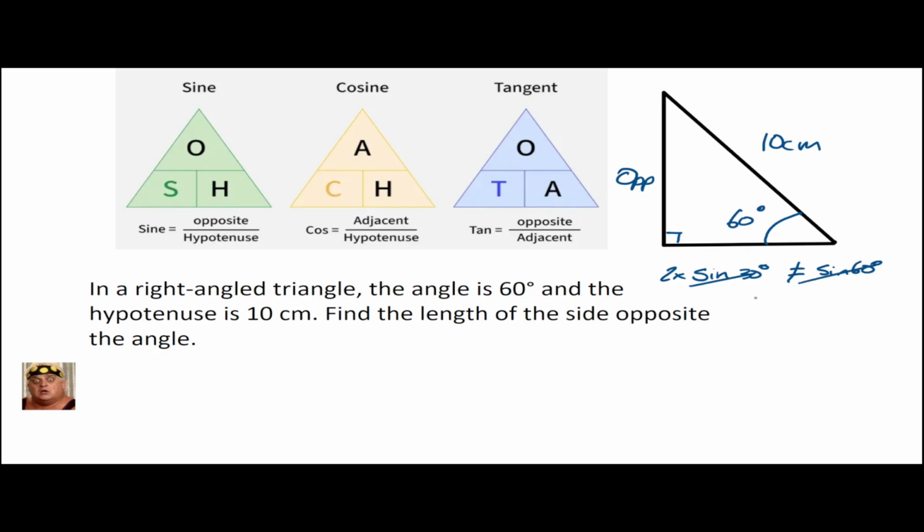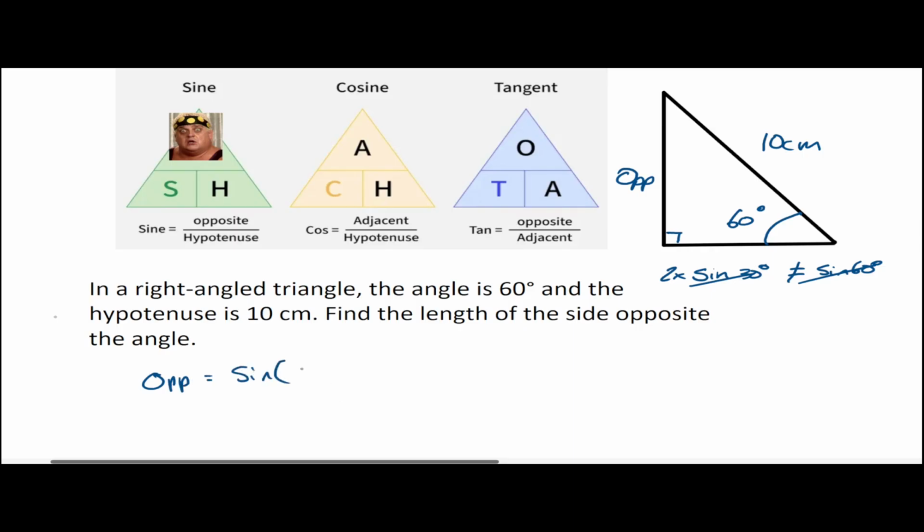So saying that, we know we're going to be using hypotenuse and opposite, so it's going to be sine, and we're looking for the opposite side, so we put Dusty over the opposite side there. The opposite side is going to be sine of the angle, which is 60 degrees, times the hypotenuse, which is 10.